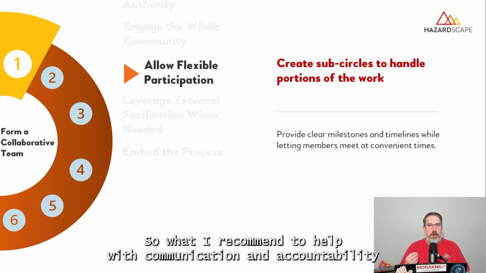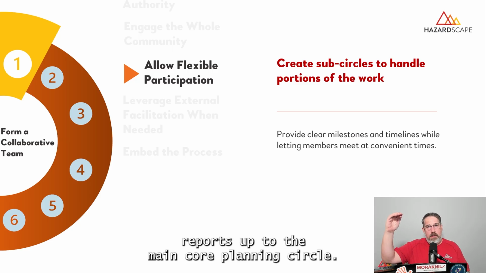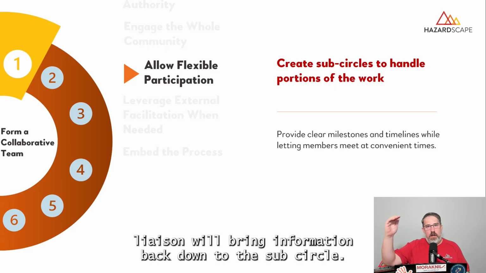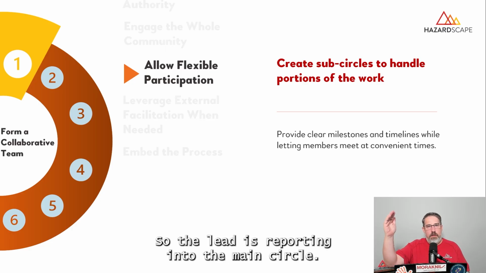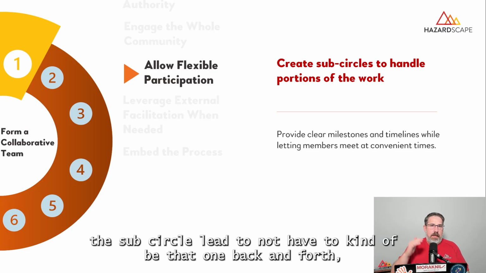So what I recommend to help with communication and accountability is the sub-circle lead reports up to the main core planning circle, and the main core planning liaison will bring information back down to the sub-circle. So the lead is reporting into the main circle, the liaison's coming back down. That allows the sub-circle lead to not have to be that one back and forth.